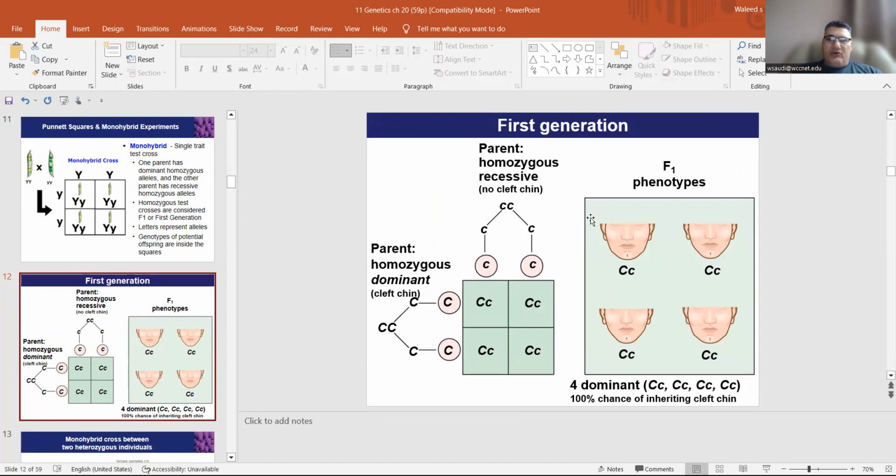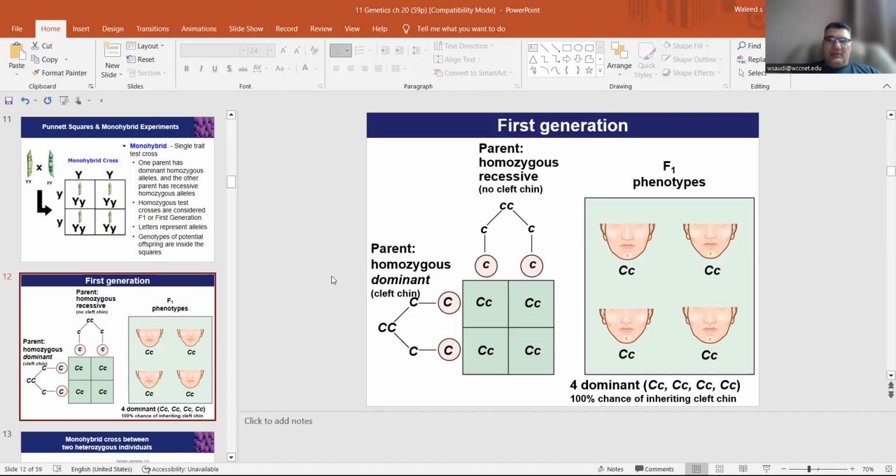We will see it. But for monohybrid, let's say this is cleft chin, like this. Some people have the cleft chin right here, and some others don't have it. Cleft chin, is that dominant or recessive? It's dominant. What do you mean by dominant? I mean, if I have dominant and dominant, you will get it. Dominant and recessive, that is heterozygous, you will get it.